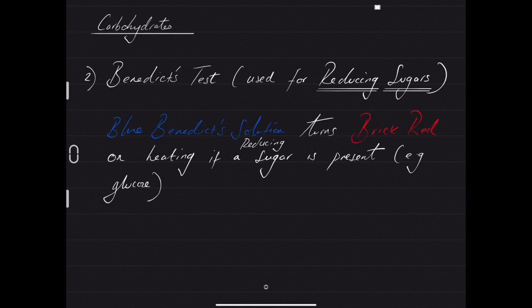It's not always brick red. Brick red would be the strongest positive test you can get, but it depends on the concentration of the sugar that you're given or you're testing for. A weaker concentration can give a yellowish color, and it can take time for the color of brick red to be seen.